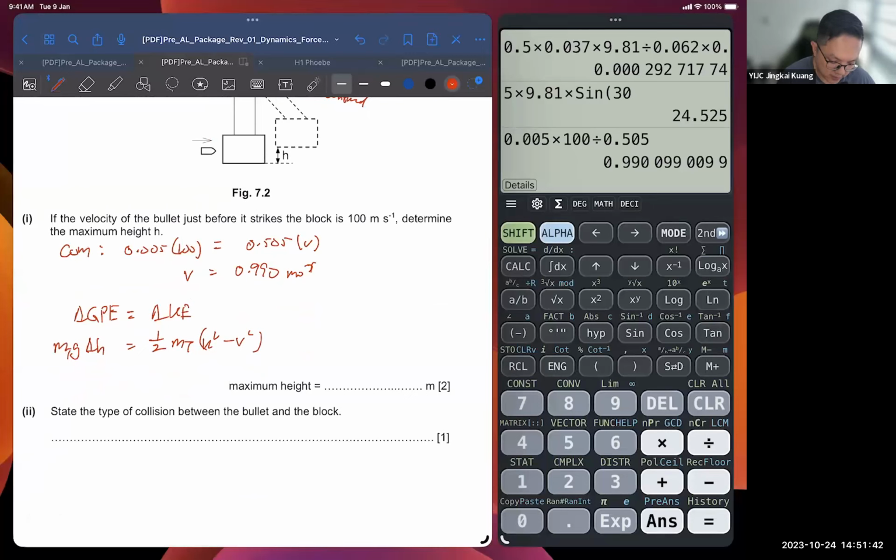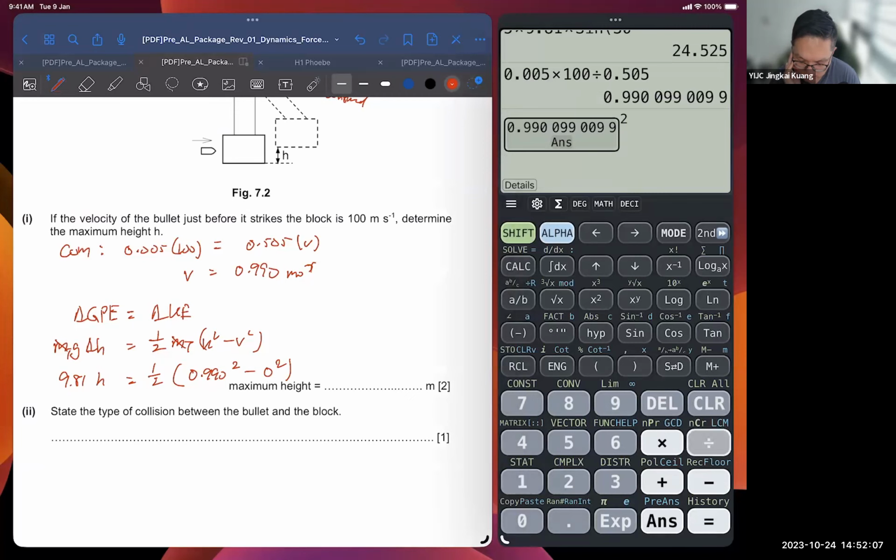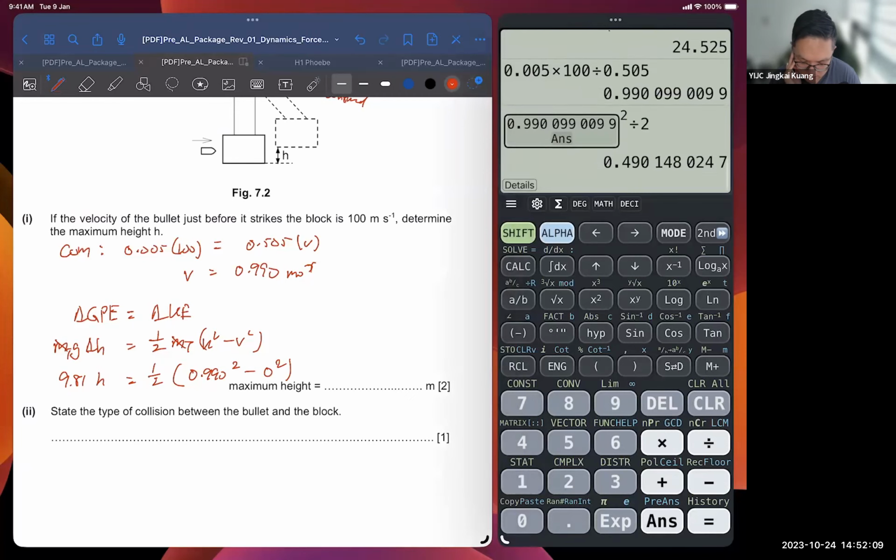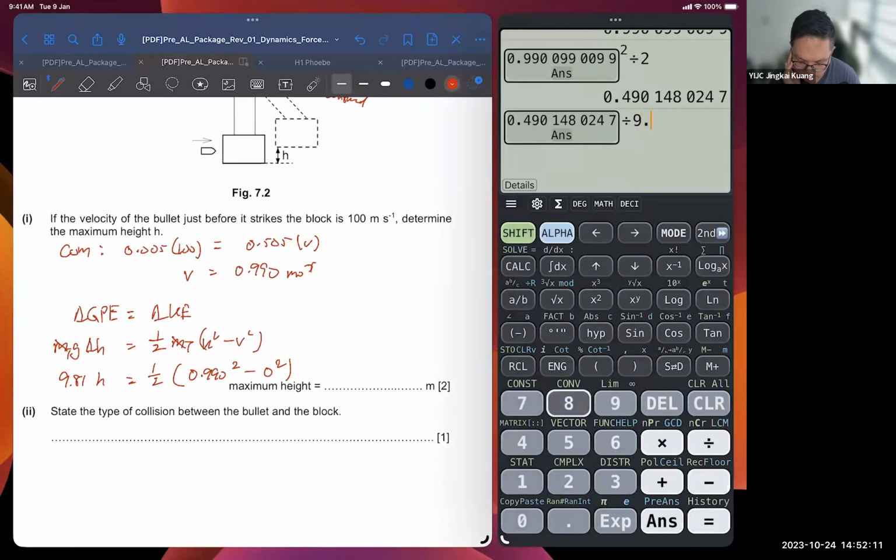You can cancel the mass. So this is 9.81 times h equals half u squared, which is 0.990 squared minus 0 squared. Then solve for h. So this will be 0.990 squared divided by 2 divided by 9.81.